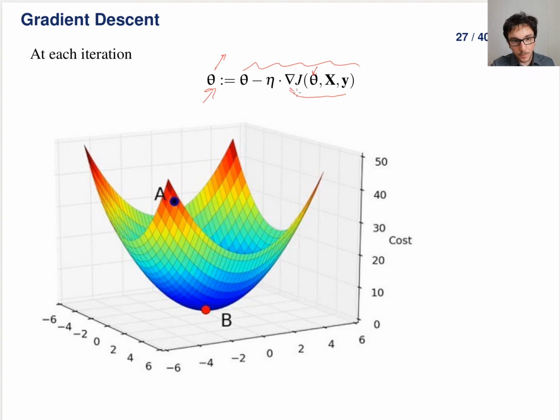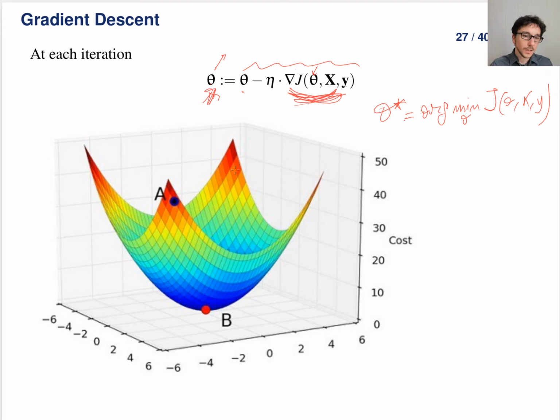So you can recompute the gradient with this new set of parameters and update the vector of parameters again. At the end, you will converge to a value of theta which is actually the optimal one, meaning that it is actually the minimum of the loss function.